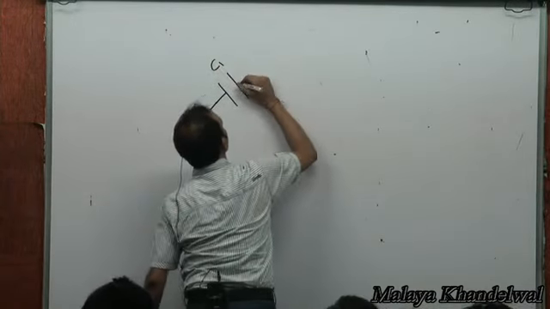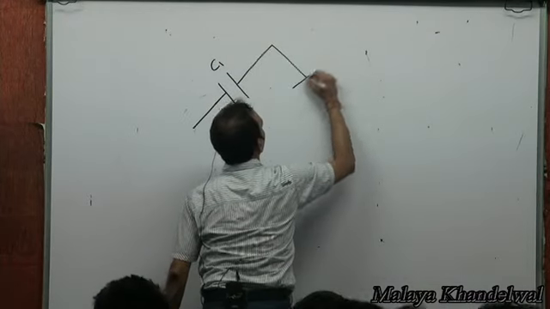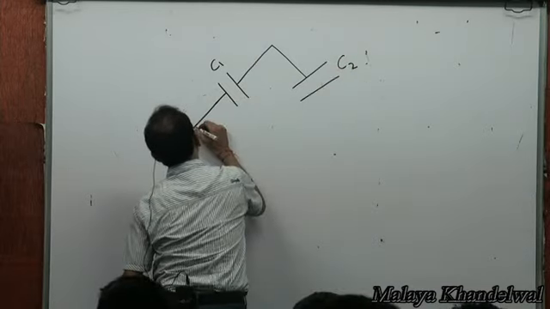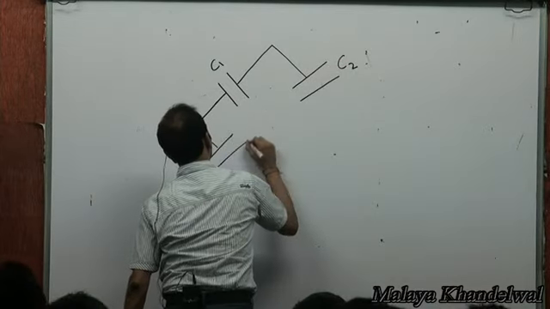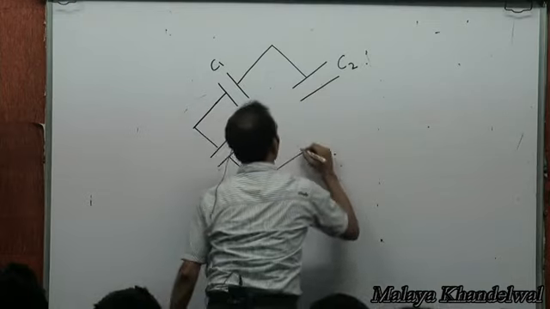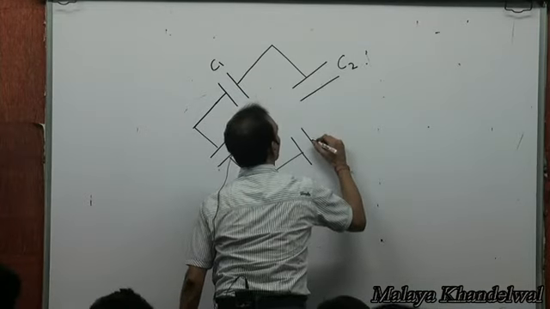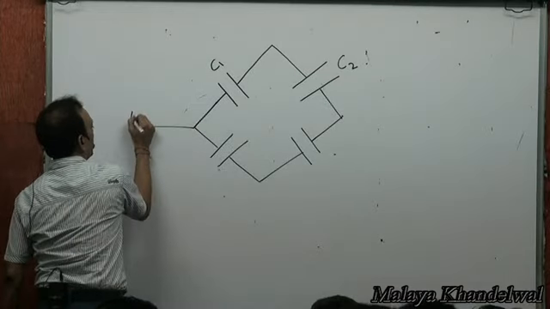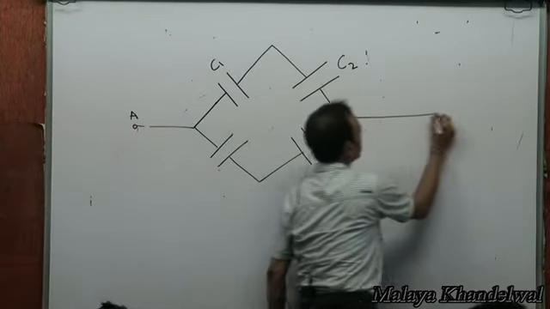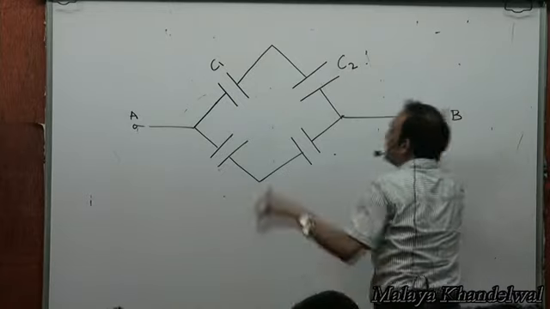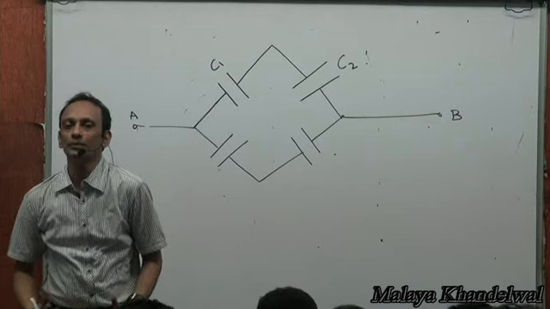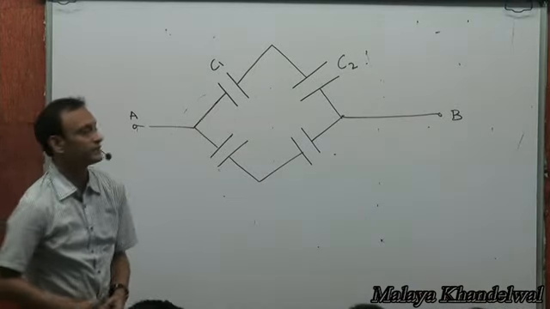Say C1, an arrangement of this kind. A and B could be connected to the terminals of a battery.